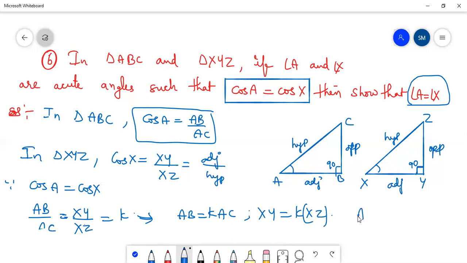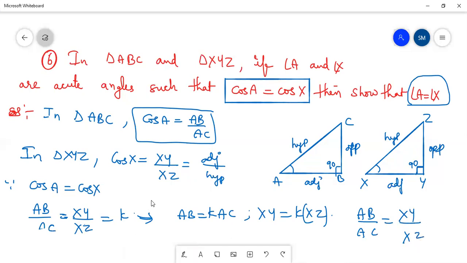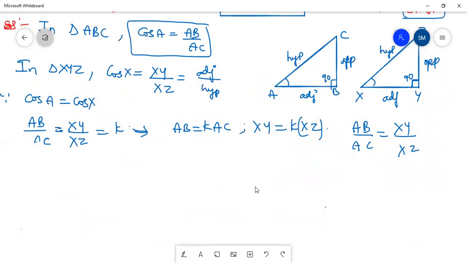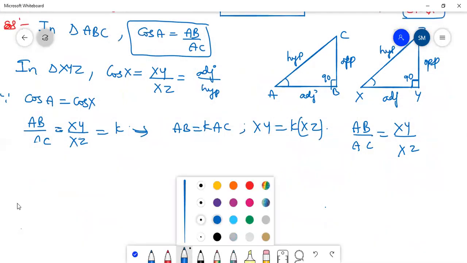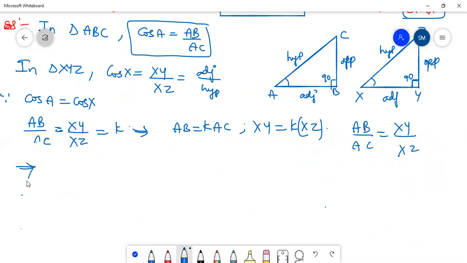From this, AB by AC is equal to XY by XZ. Comparing the two ratios by cross multiplying XY and AC, then we get AB by XY is equal to AC by XZ.